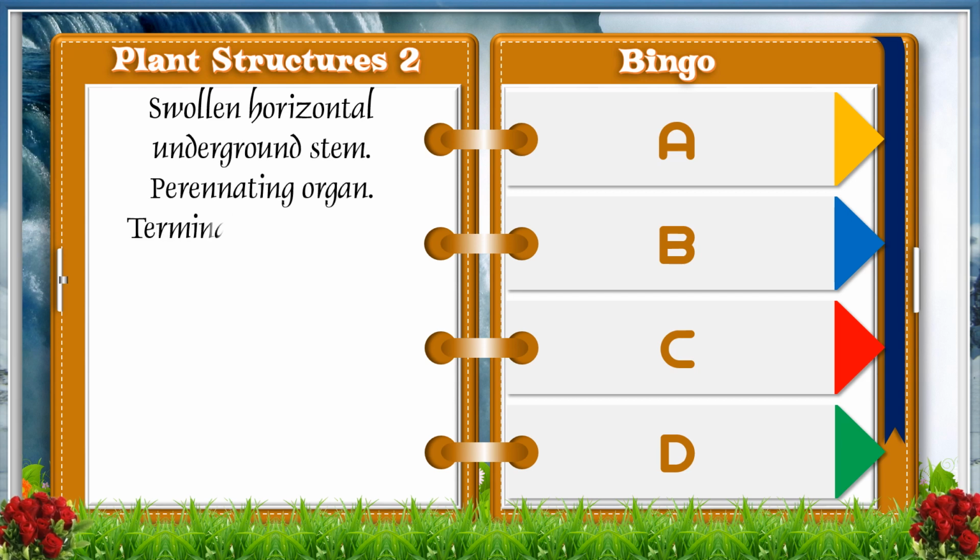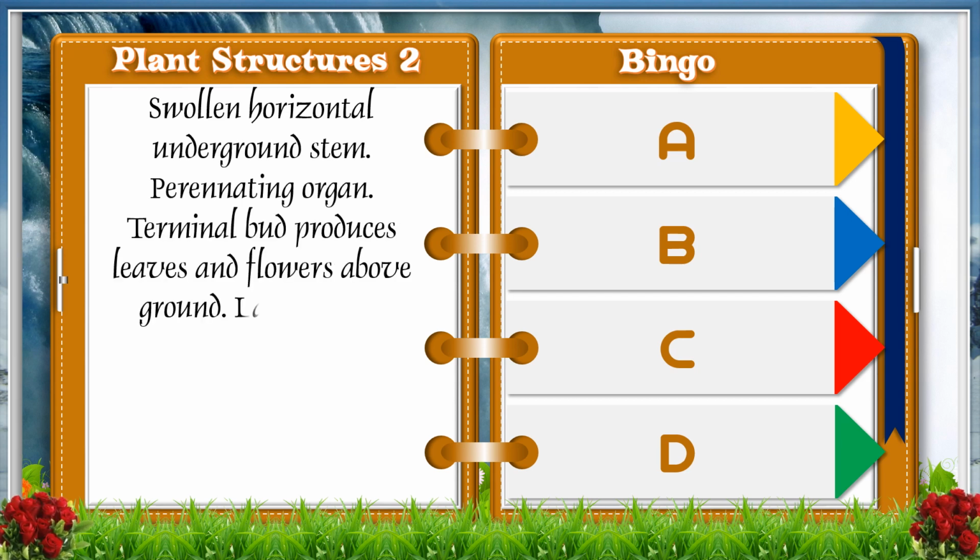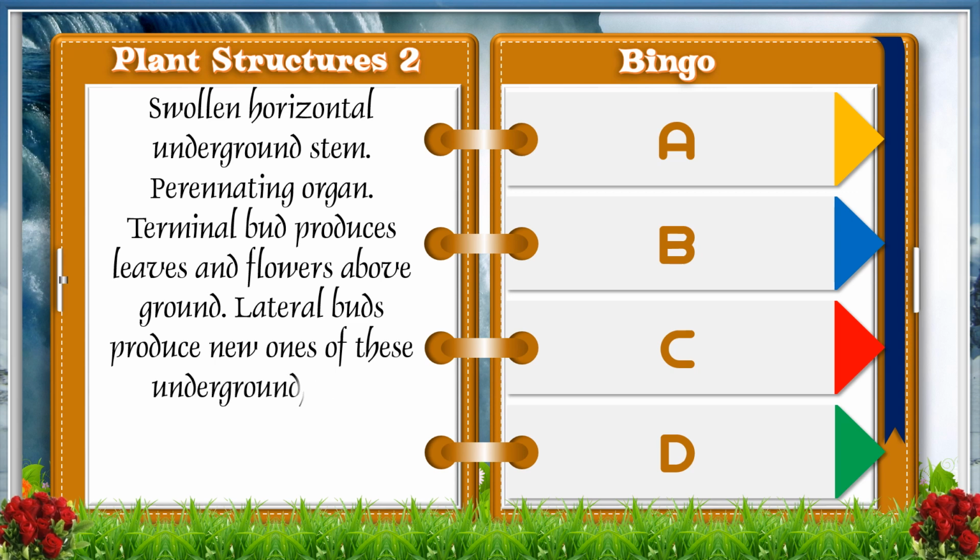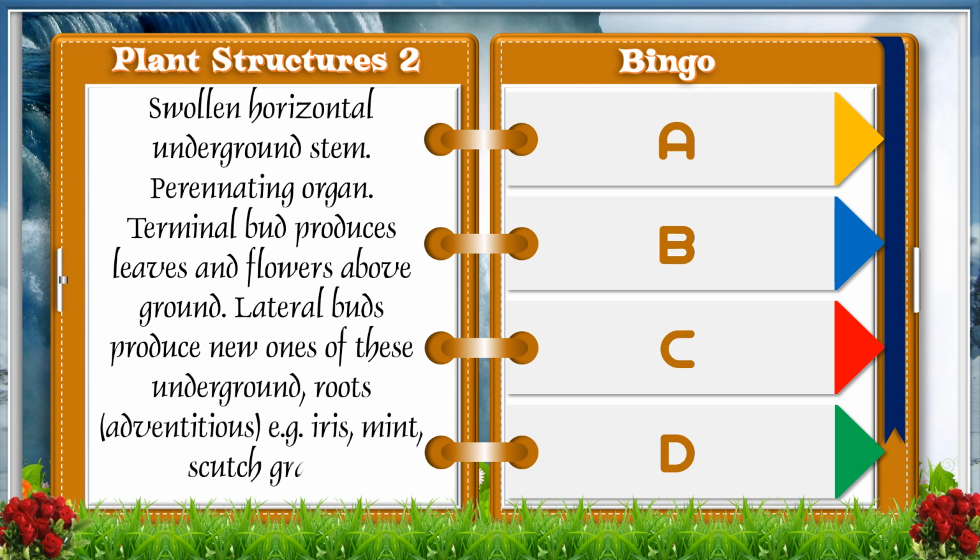Creeping horizontal underground stem, perennating organ. Terminal bud produces leaves and flowers above ground. Lateral buds produce new ones of these. Underground roots adventitious, e.g., iris, mint, couch grass.